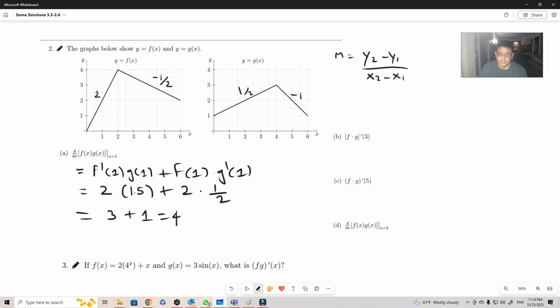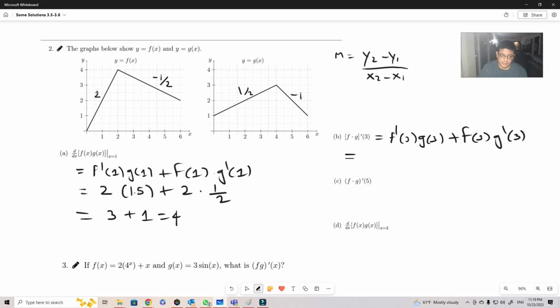Now similar here, notice that this is still a product, f times g, at 3. So this is still a product rule: f prime of 3, g of 3 plus f of 3, g prime of 3, following the product rule. Now, what is f prime at 3?